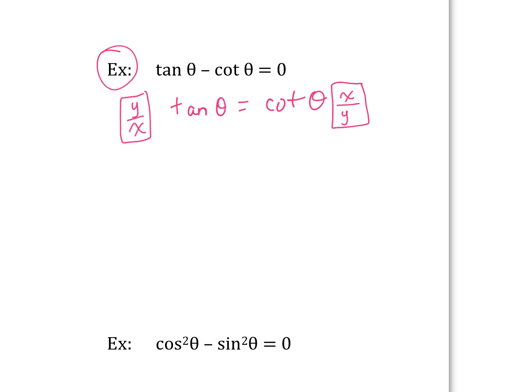Because that's really what we've got to be looking for, isn't it? Pi over 4. Where else? 5 pi over 4. Where else? How about 3 pi over 4?